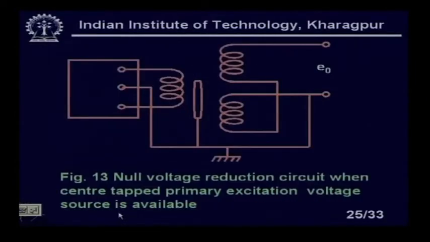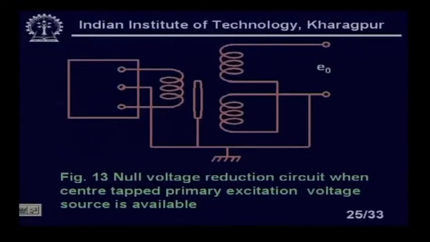Now, this null voltage is a nuisance, we must kill it. There are various circuits available to kill this null voltage. One is the null voltage reduction circuit, used when a center tap primary excitation voltage source is available. If you have the center tap primary excitation voltage source, I can use this type of circuit, where this center tap is grounded. Sorry, this is not ground, actually this is the core motion.